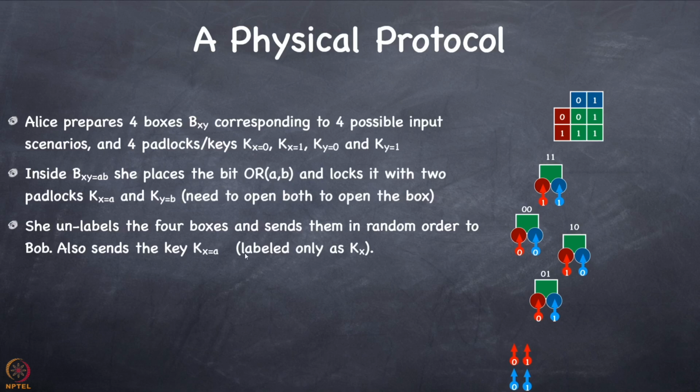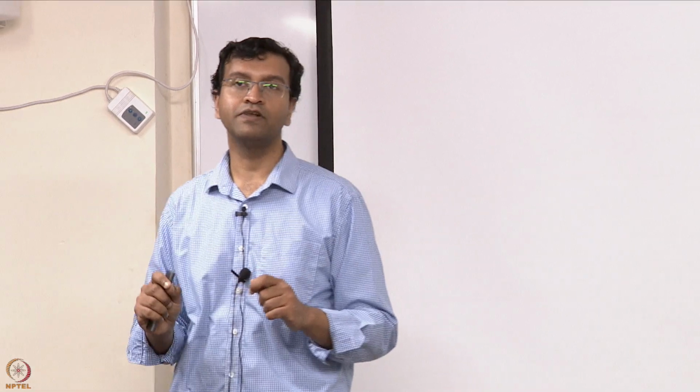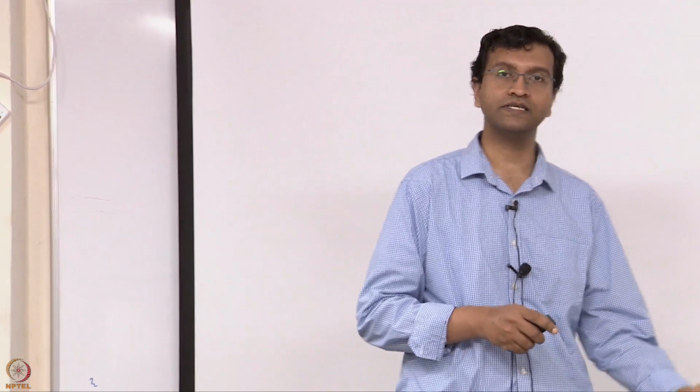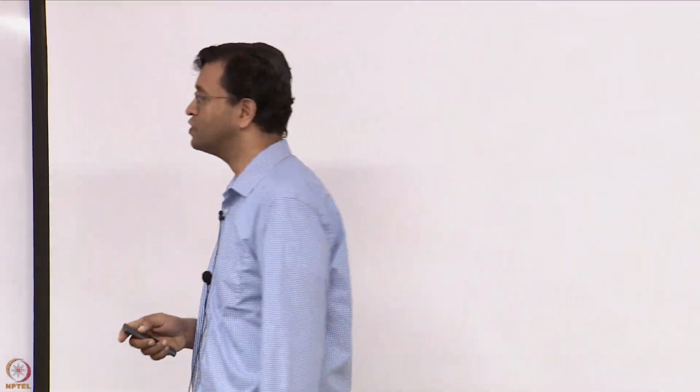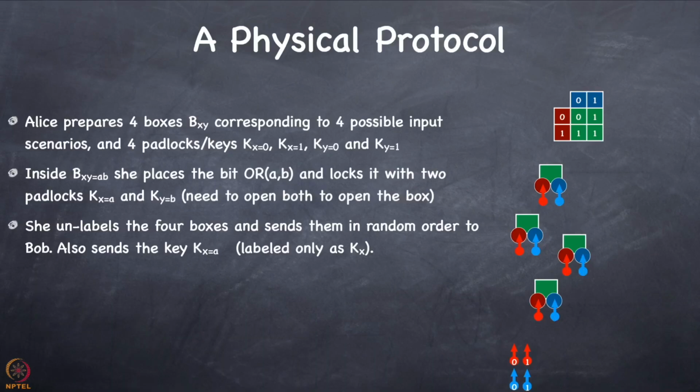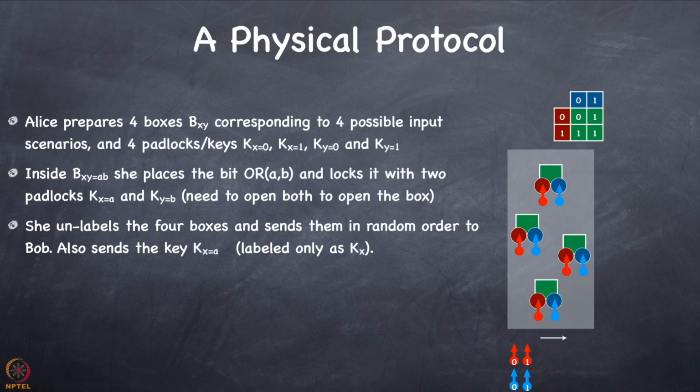So she takes the key corresponding to her input, key x equal to a, and gives it to Bob, but after removing the label on it, because looking at it, you would know what a is. So you remove the label, and this is what she is sending to Bob.